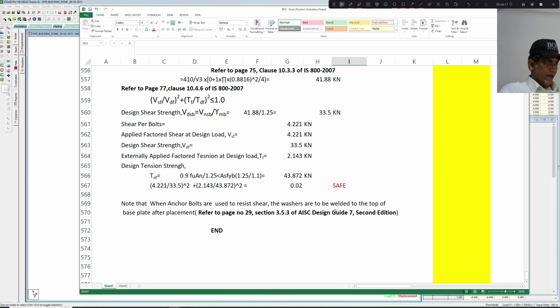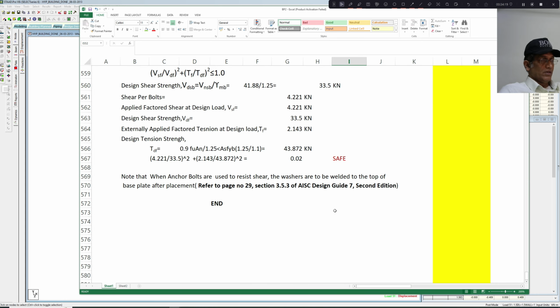That is the standard practice. So with this we complete the design of fixed base plate for resisting movement about one direction, that is base plate resisting uniaxial movement. For an I column usually base plate for uniaxial movement is designed.